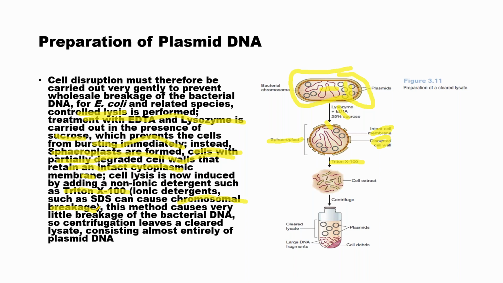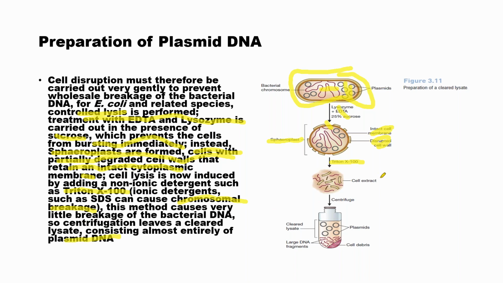In order to avoid that, instead of the ionic detergent SDS, cell lysis is brought about by a non-ionic detergent such as Triton X-100. Clear? Now, as we use Triton X-100, it causes very little breakage of the bacterial DNA. As a result, centrifugation will leave a clear lysate consisting almost entirely of plasmid DNA.